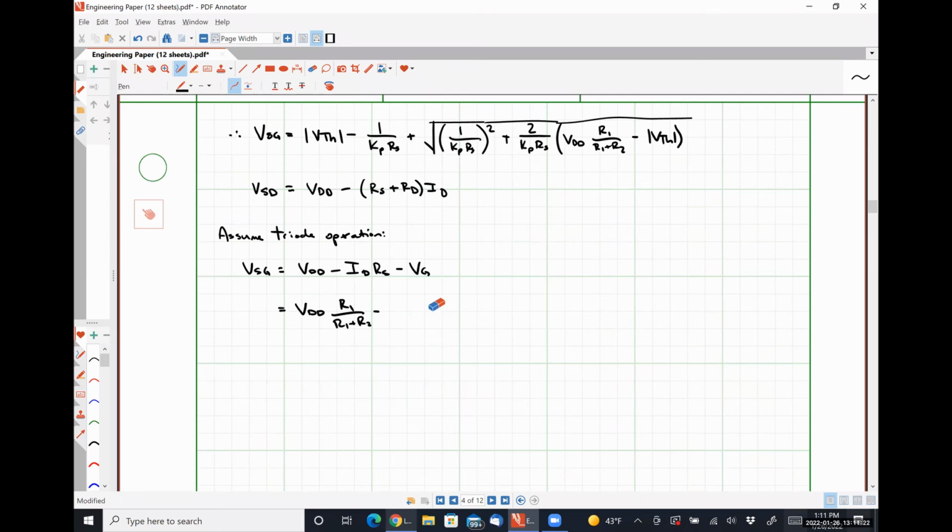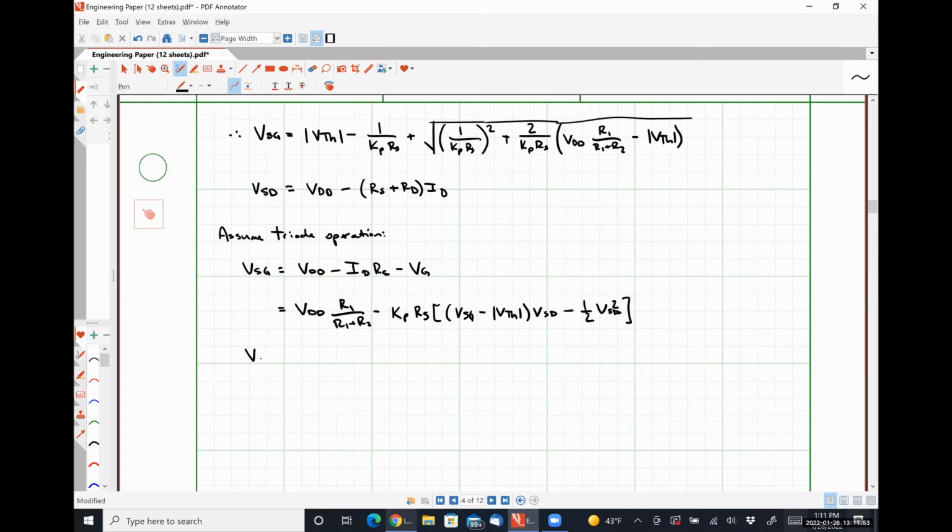My apologies. KP RS times the quantity VSG minus the absolute value of VTH times VSD minus 1/2 VSD quantity squared. So I've just plugged in the triode region drain current equation.